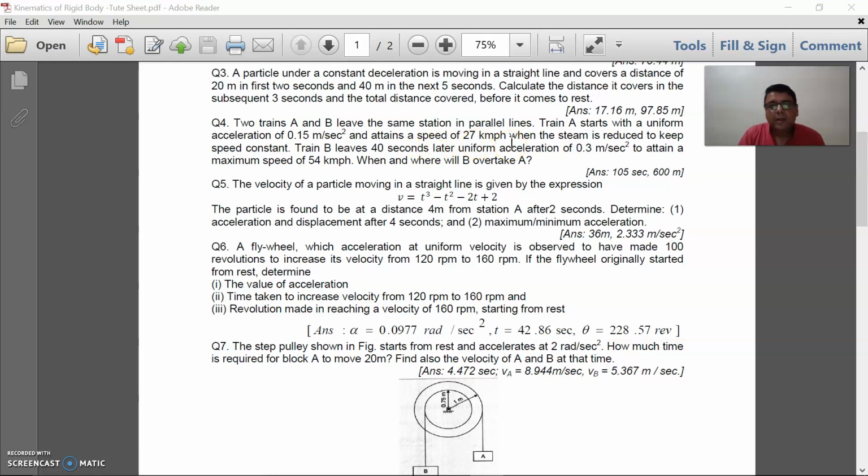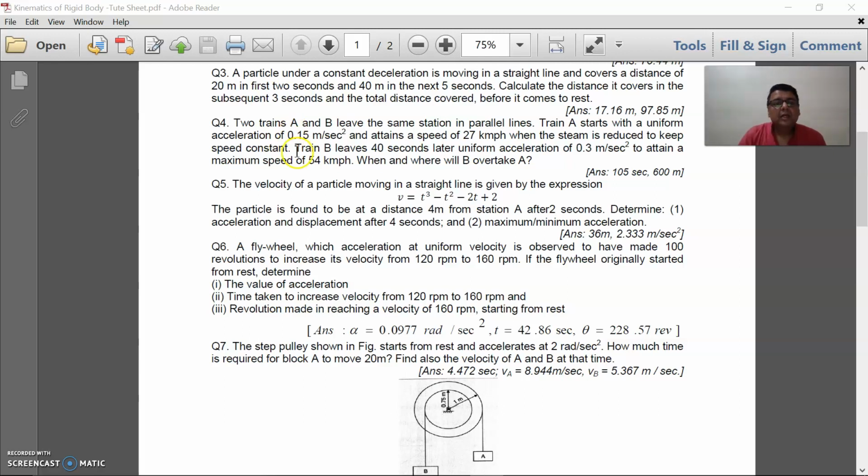Then the steam is reduced to keep the speed constant. That means train A started with zero velocity at the initial stage, takes the acceleration of 0.15 meter per second square, then attains a speed of 27 km per hour. Then after that its speed remained constant.